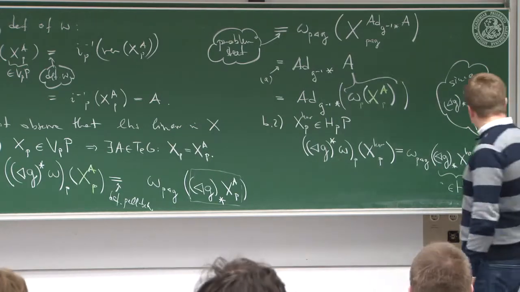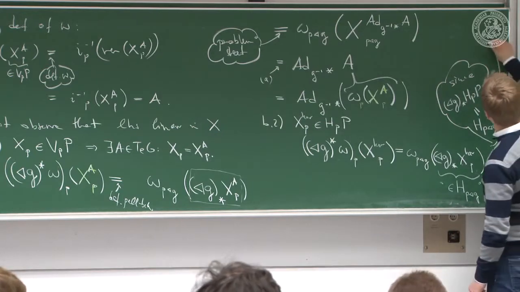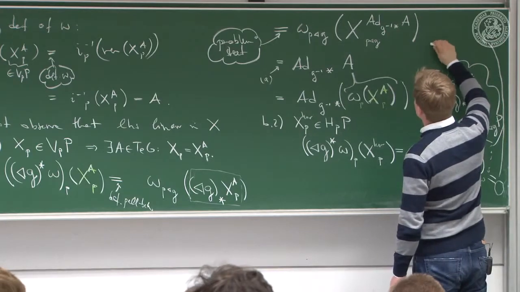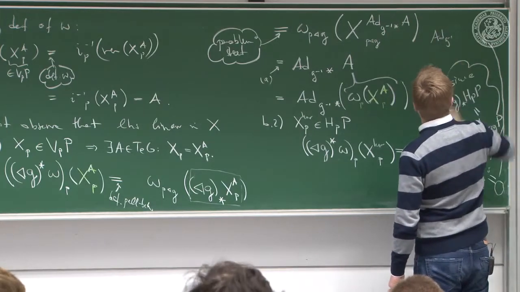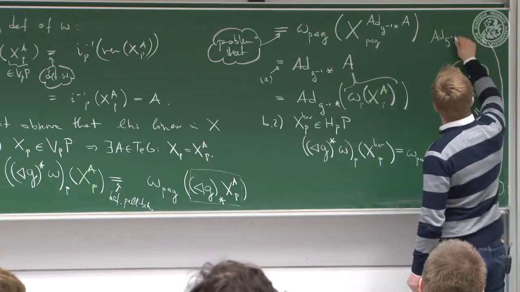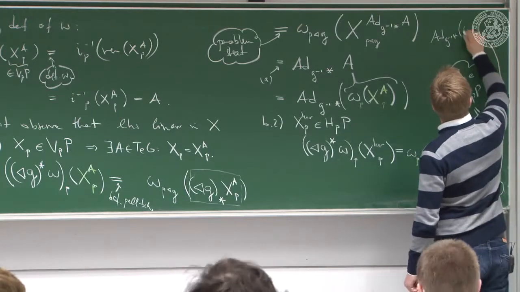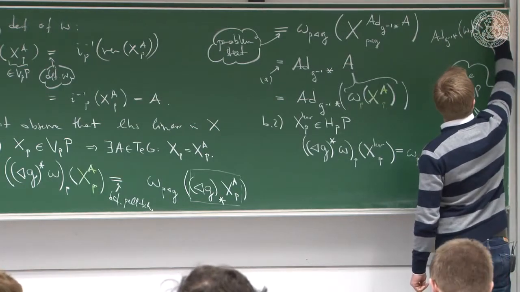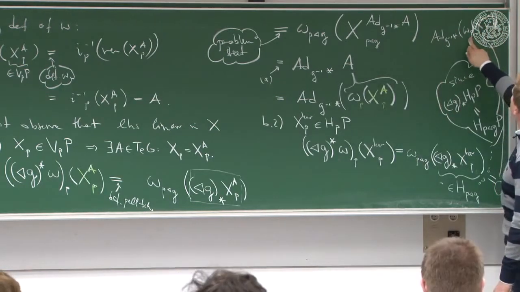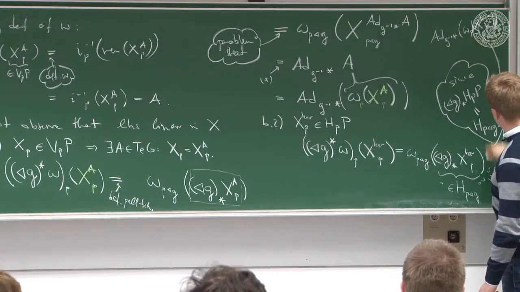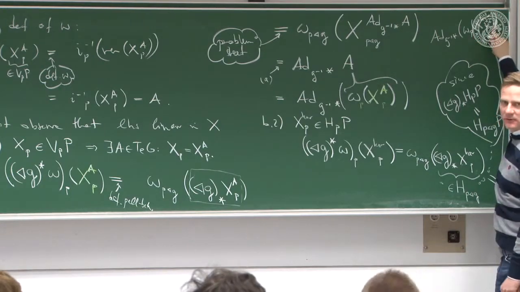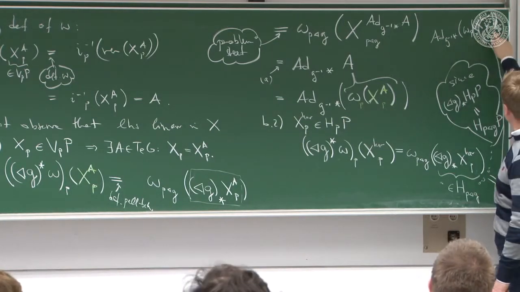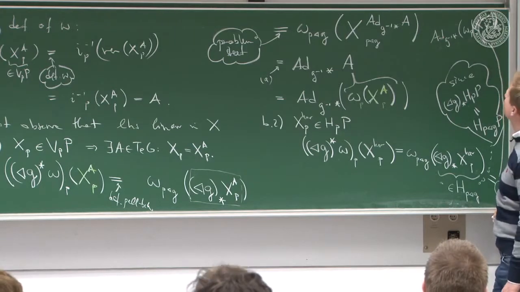But this 0 here can of course be written, albeit somewhat pompously, as the push forward of at G inverse of omega at the point P of x hor at the point P. Why? Because this omega P x hor P, for the very same reason, yields 0, and then the at G inverse push forward, being a linear map, acting on 0 yields 0.